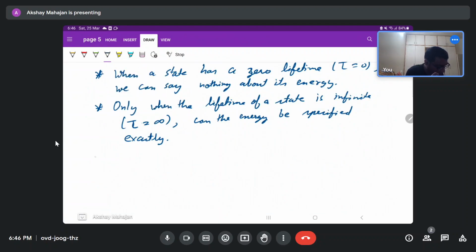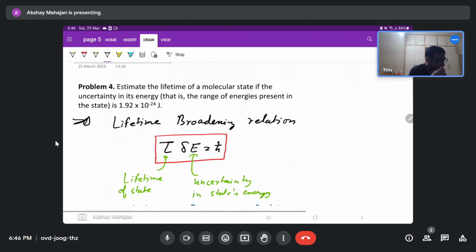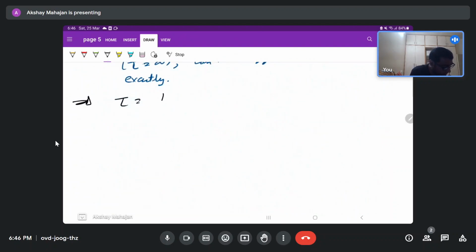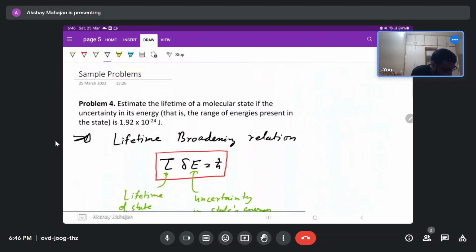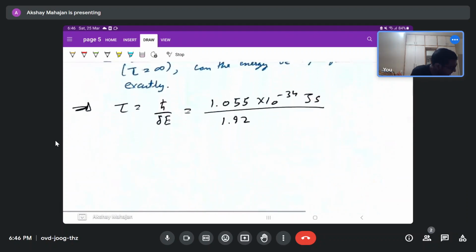Now back to our problem. We just need to find the lifetime using the lifetime broadening relation. Tau, our lifetime, equals h cross upon del E, the uncertainty in the energy, which is already provided. h cross is 1.055 into 10 to the power minus 34 joule second, and the uncertainty is 1.92 into 10 to the power minus 24 joule.